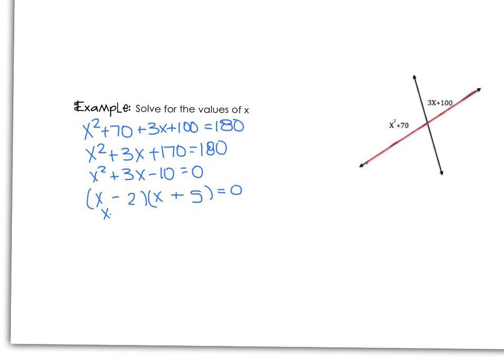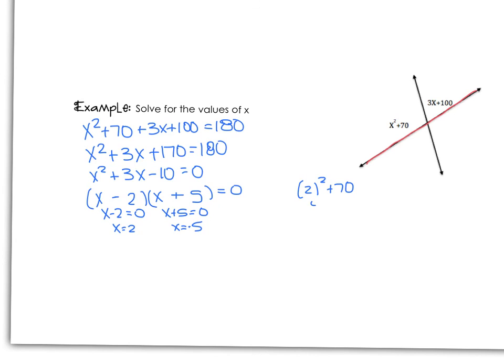Set those both equal to 0. So x is 2 and x is negative 5. But we have to check those both to make sure that they work. So let's take the 2 and substitute it in first. So we have 2 squared plus 70.